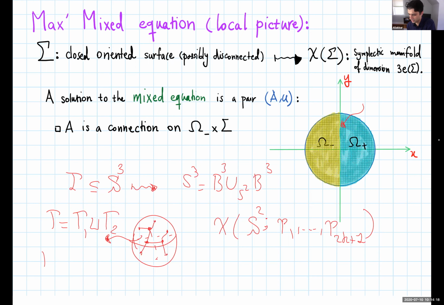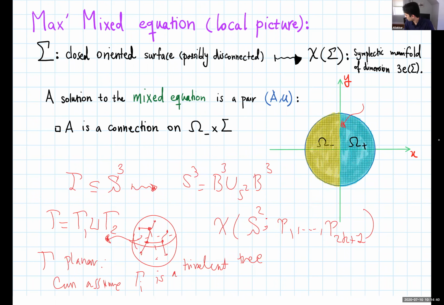And in the case of planar, you can assume that gamma I is a trivalent tree, so it doesn't have any cycle. I don't know, it might.